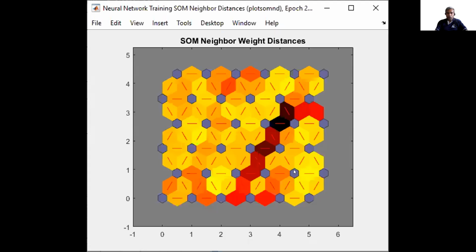So if you look carefully, there are two data points here and they look very closely related because you can see it's a very light color. But there's a dark line going across this one. So that means whatever the sample here and whatever the sample here are quite different. There's a large difference. But between these two samples, there's a similarity.